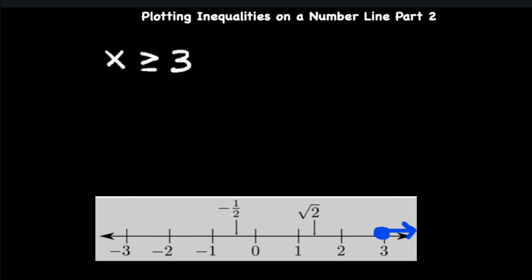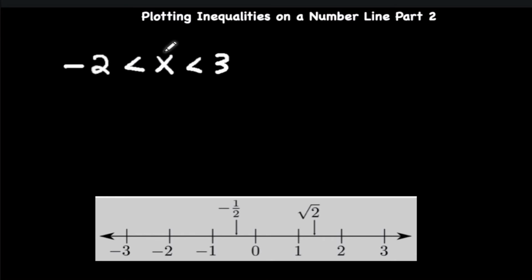Okay, so let's go over some more examples. Let's say that you have -2 is less than x, and x is less than 3. Let's start with this variable and read x is greater than -2. Let's go ahead and plot that first. So we have -2 here.